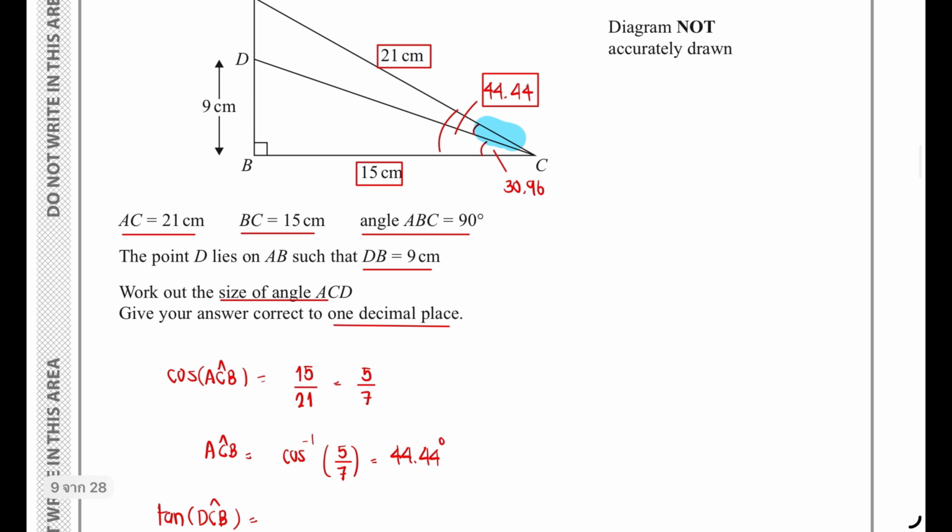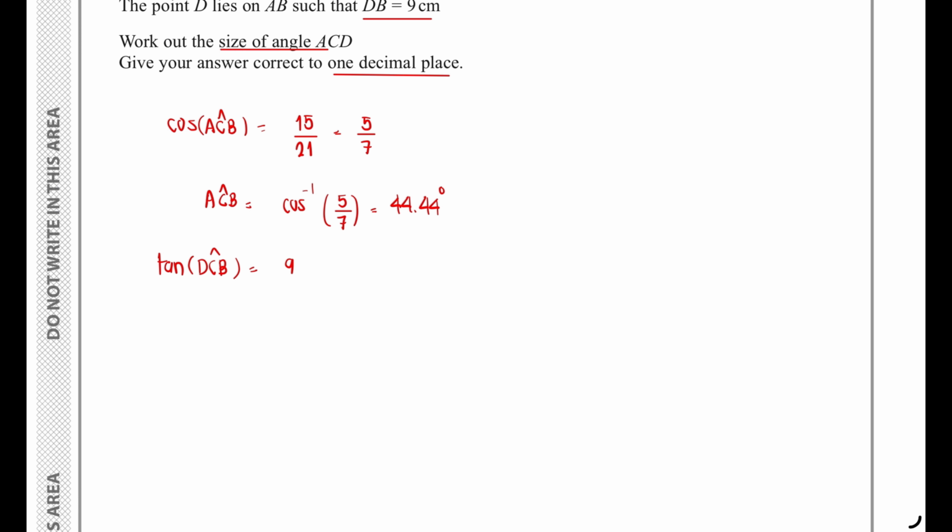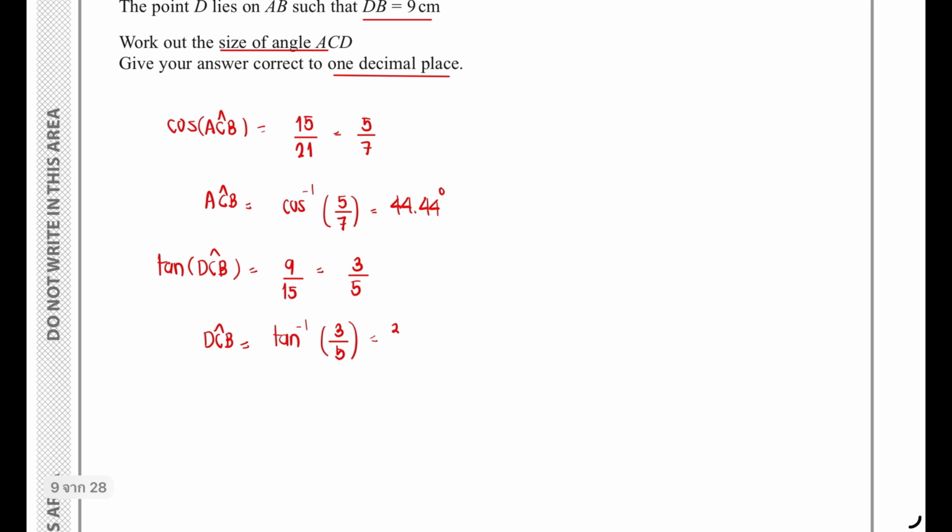So it is equal to the opposite over the adjacent, so it is equal to 9 over 15. If we make it into the simplest form, it will be equal to 3 over 5. So angle DCB equals the arctan of 3 over 5, which is equal to 30.96 degrees. So I wrote it here.